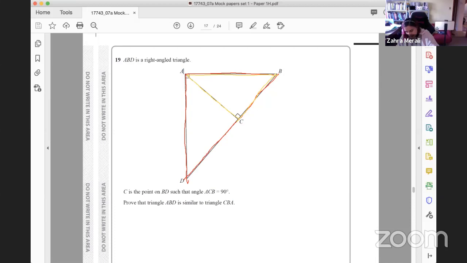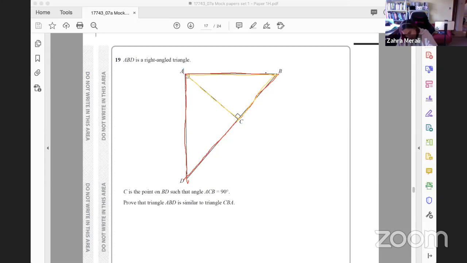Remember, if a side is the same, we write that down straight away. I've gone over it twice because I've got two different colors there. So one side is the same for both of them, and so is one angle. So we've got ABD and CBA.